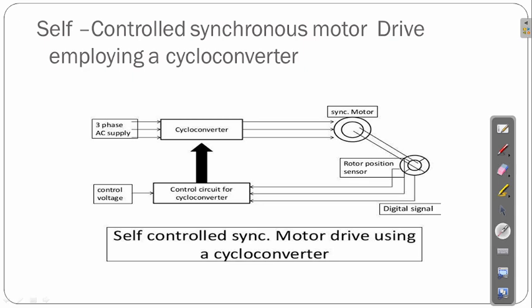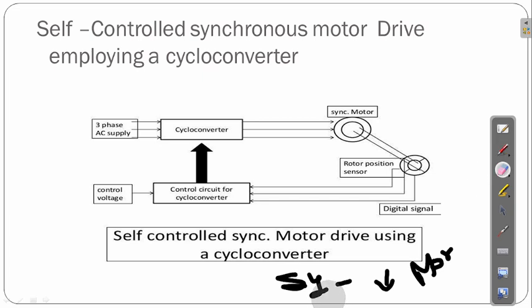You can see here the three-phase supply is given to the cycloconverter, and this cycloconverter feeds a synchronous motor. As we already know, a synchronous motor has a synchronous speed.